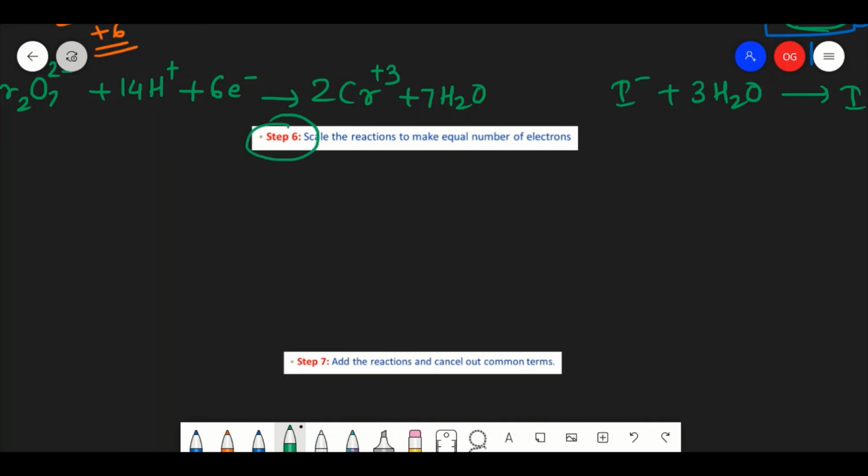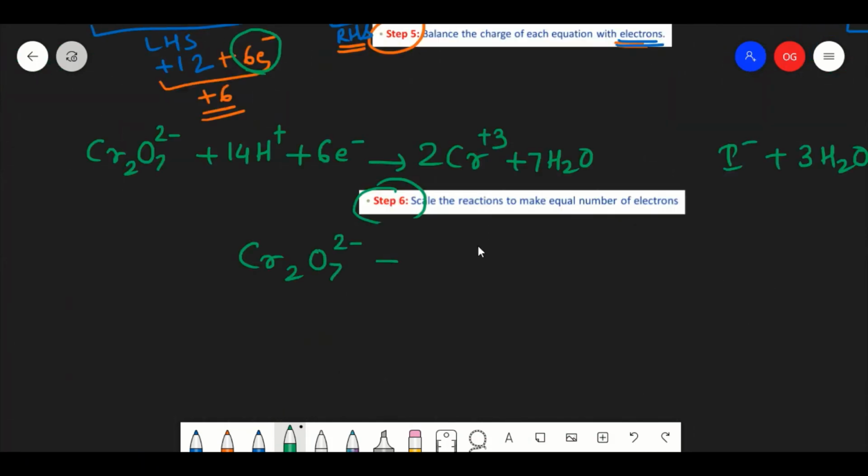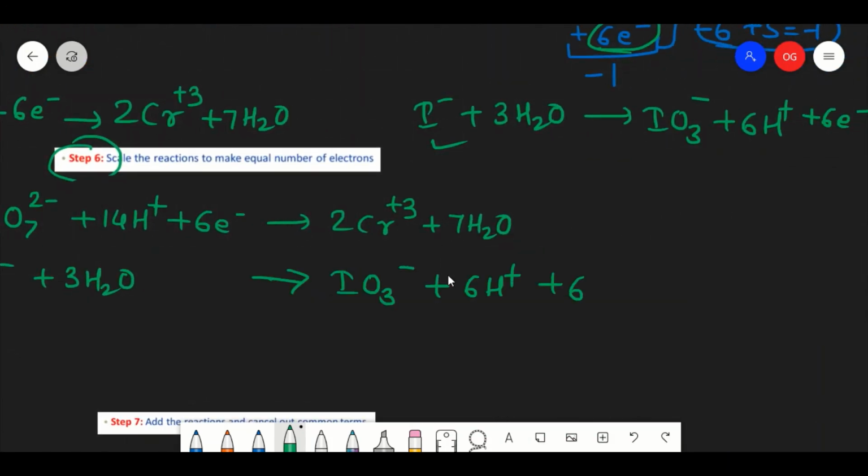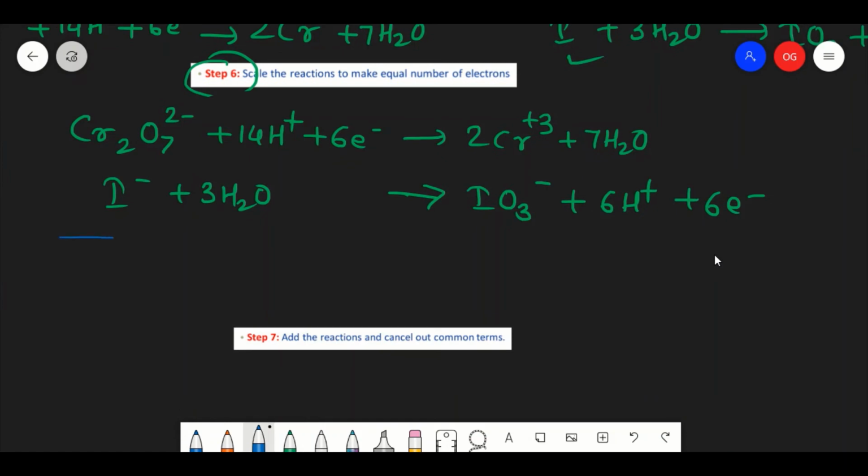Now the next step, step number 6, says to scale the reactions to make an equal number of electrons. So to scale this reaction I have to write them one below the other, and make the number of electrons equal.